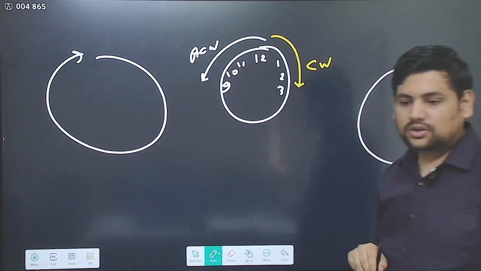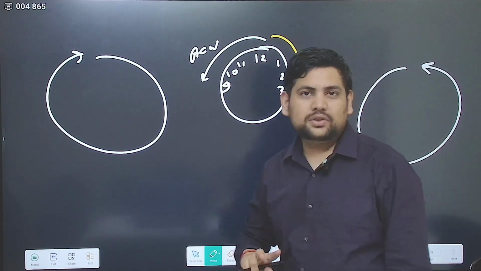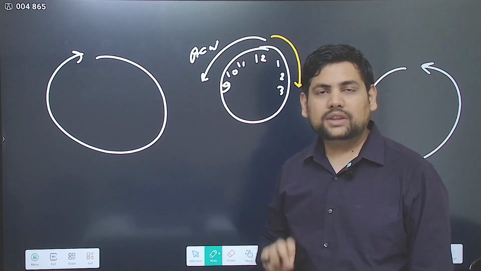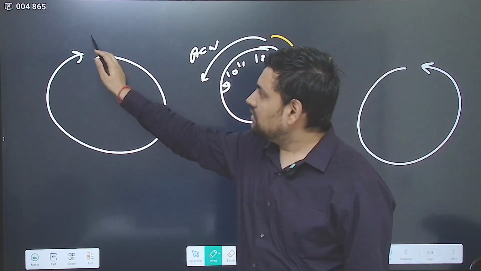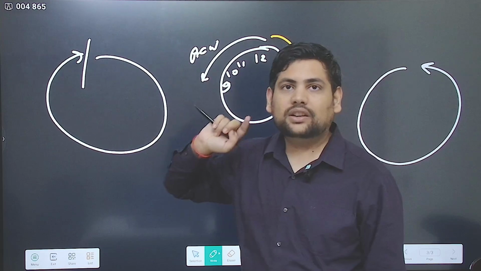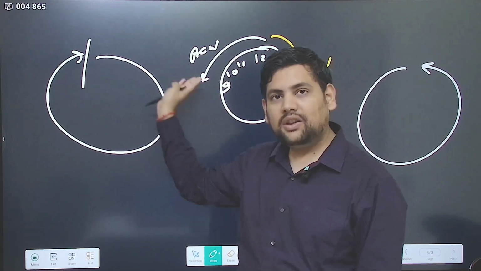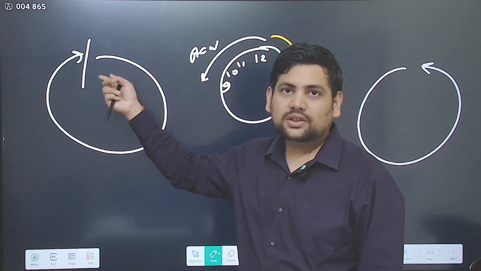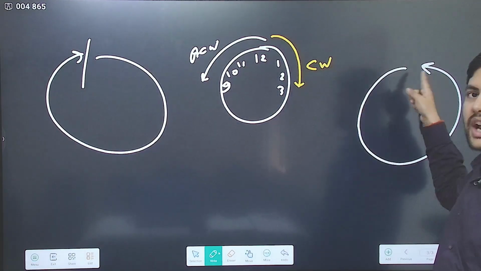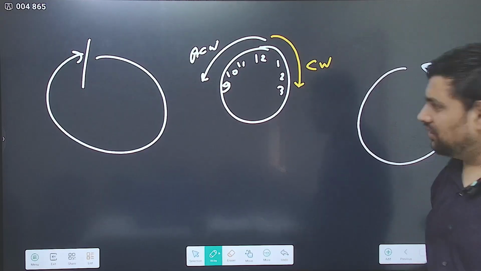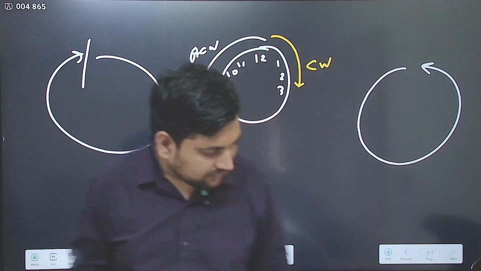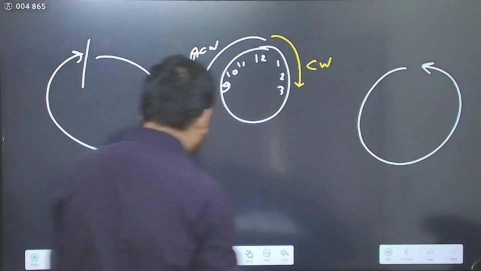So if ever you get confused between clockwise and anti-clockwise, just keep drawing the angle till you reach 12. At 12 you will see clearly. If it is moving ahead of 12, that is towards 1, then it is clockwise. If it is moving behind the 12, then this is anti-clockwise. So clockwise and anti-clockwise you understand.